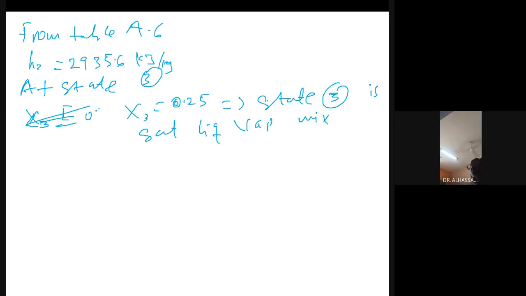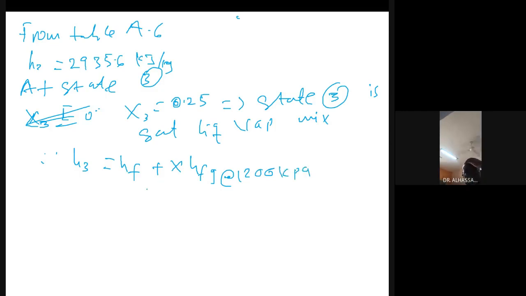Therefore H3 will be equal to HF plus x HFG, all at 1,200 kilopascal.